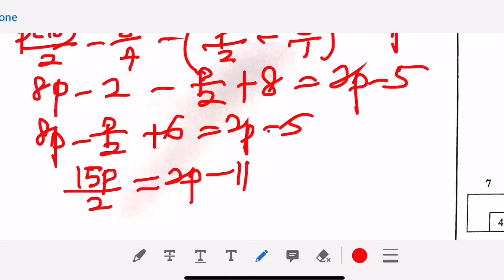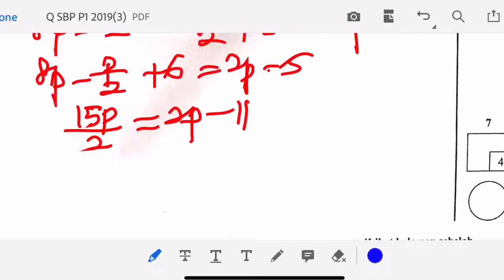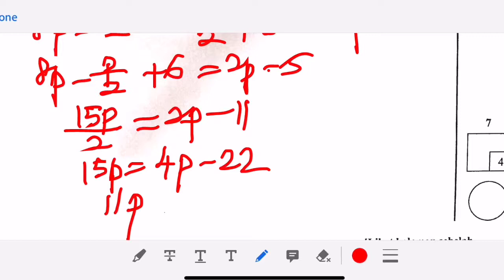So you have 15 over 2 p equal to 2p - 11. Then you times 2, and it becomes 15p = 4p - 22. Then you simplify further, you will get 11p = -22. Then you get p = -2. So you need to solve it carefully, all right? Okay, let's see the next question.